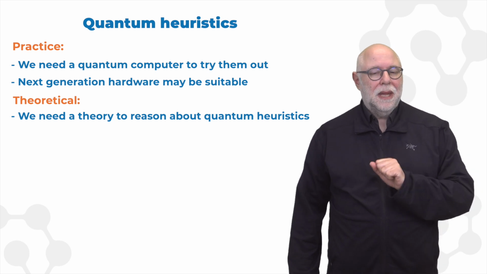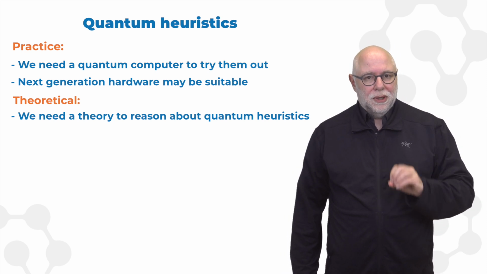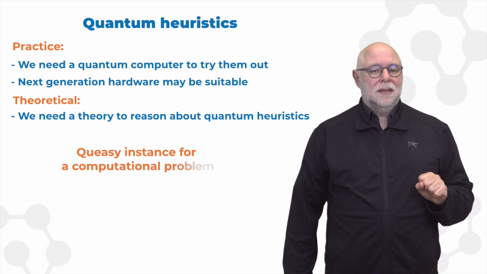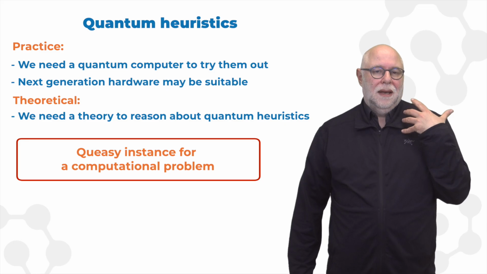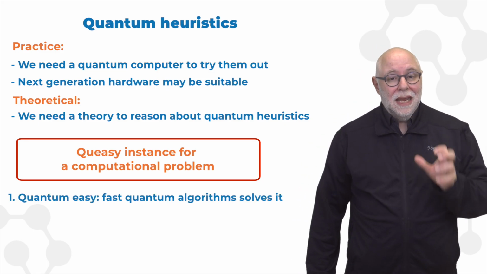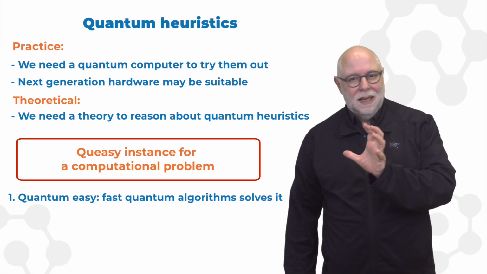And for that, we have developed a new formalism called the Queasy instance. A Queasy instance for a computational problem is an instance for which there is a quantum algorithm that's fast, so it's quantum easy.